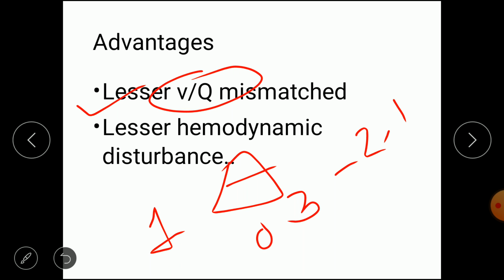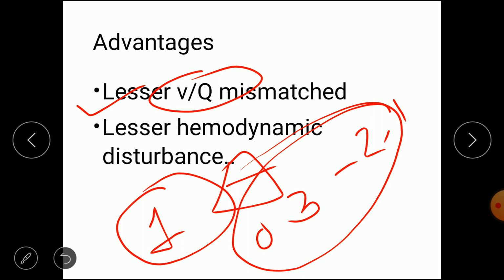Generally, at the middle of the lung it is approximately 1, and from base to apex of the lung it ranges from about 0.3 to 2.1. So in this mode, there is lesser V/Q mismatch. So it's an advantage.